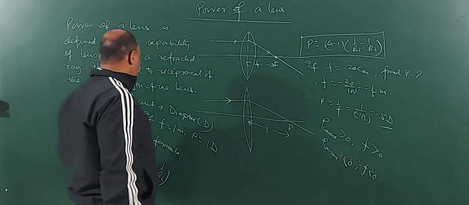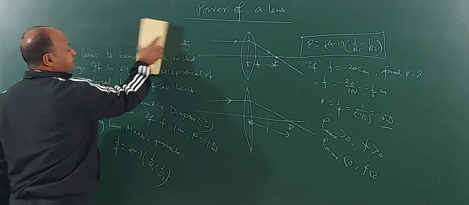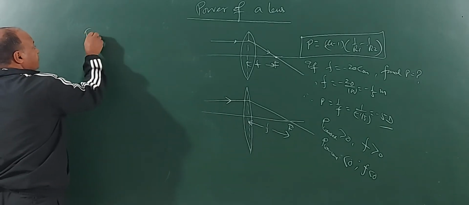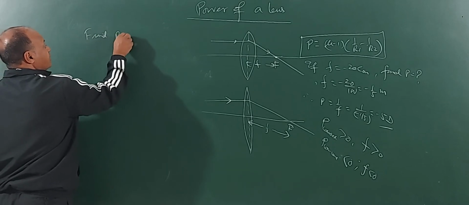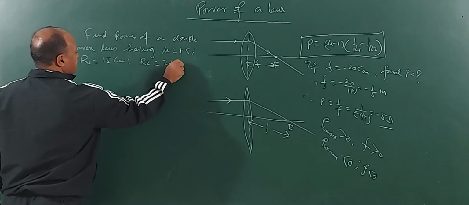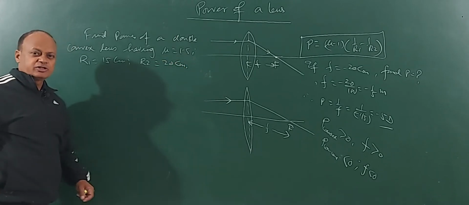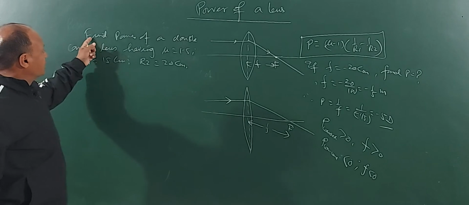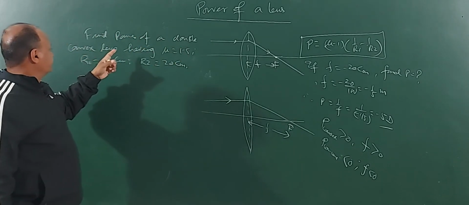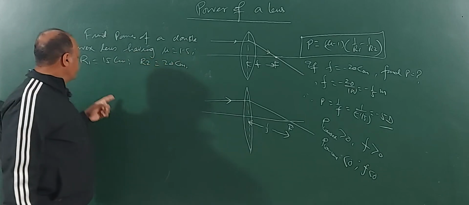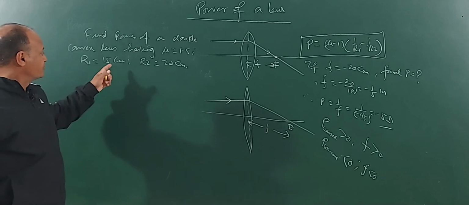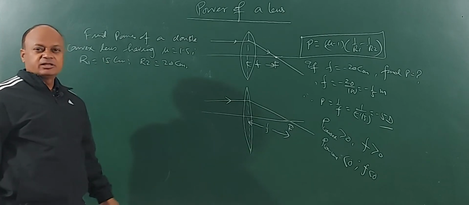Suppose they ask you a very simple question using the lens formula: find the power of a lens having refractive index 1.5 and radii of curvature 15 centimeter and 20 centimeter.